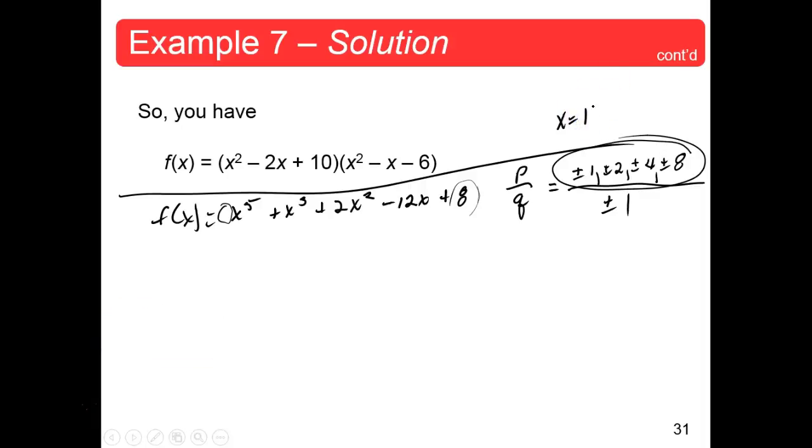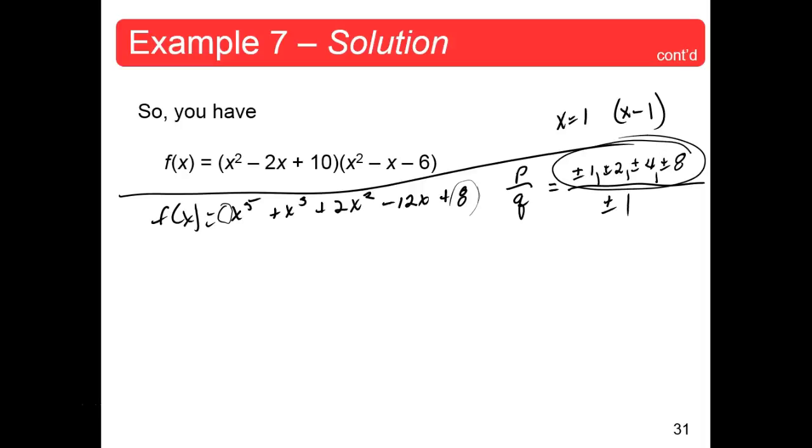And by the way, what would be the factor corresponding to that 0? X minus 1. Right? Because if x minus 1 is equal to 0, x equals 1 is your 0. So, as soon as you know a 0, you know a factor.